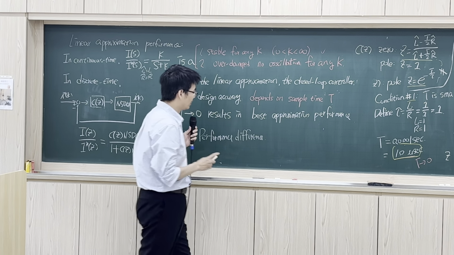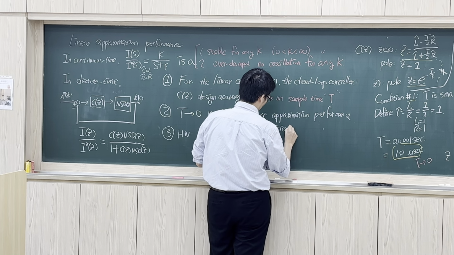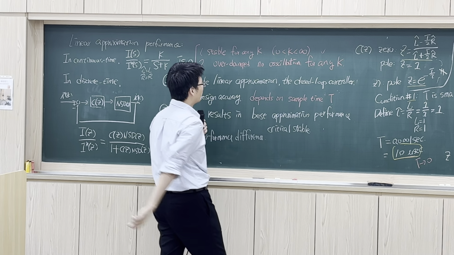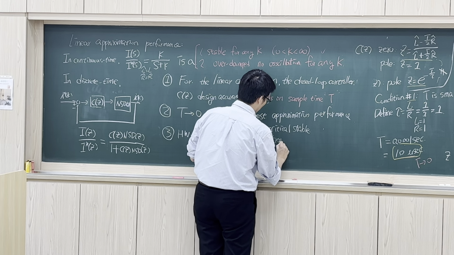The first one is the critical stable point, as well as the transient oscillation, which is the underdamped behavior.